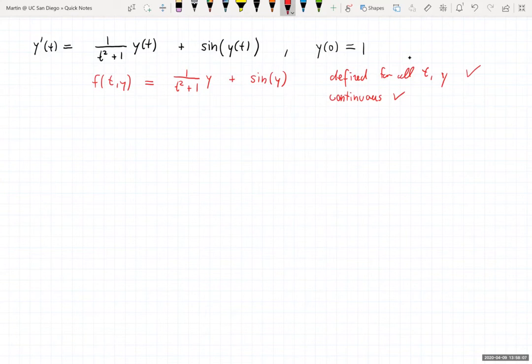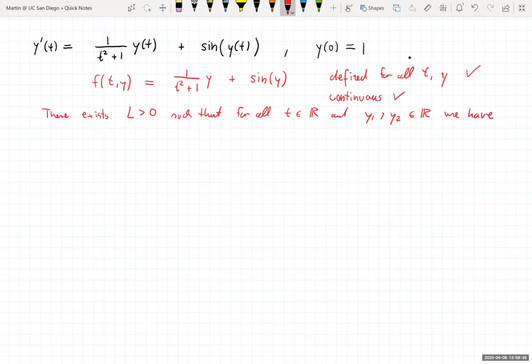To apply this global existence and uniqueness result, we need to check that there exists L greater than 0 such that for all t from the real numbers and y1 and y2 from the real numbers, we have that the distance of f(t, y1) and f(t, y2) is bounded from above by L times |y1 minus y2|.